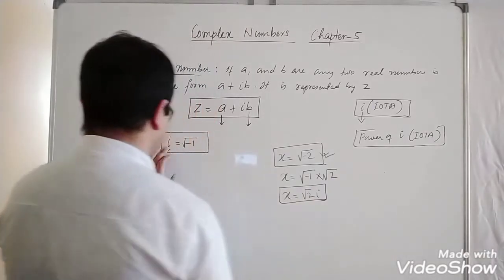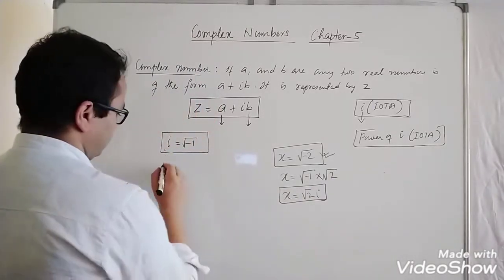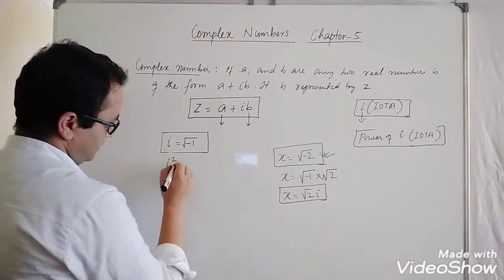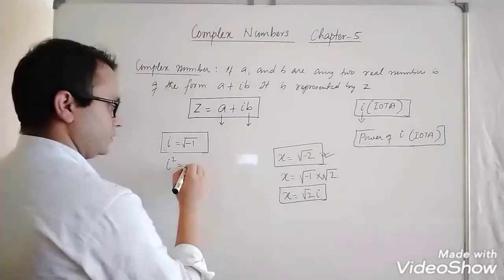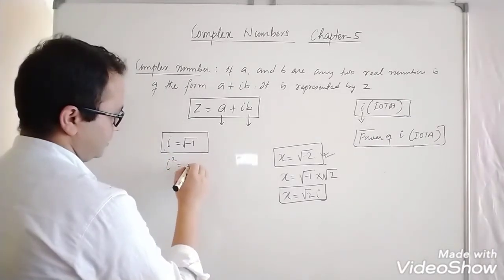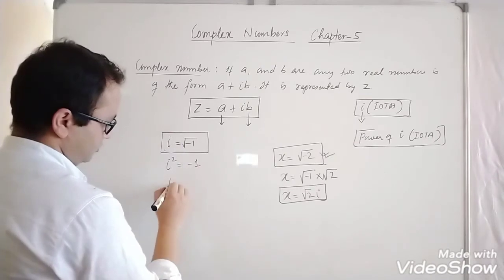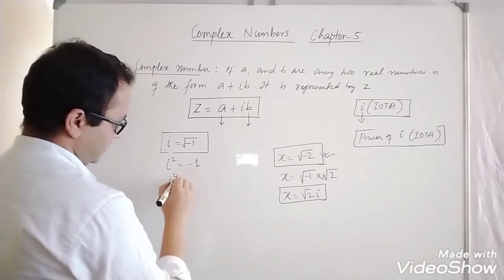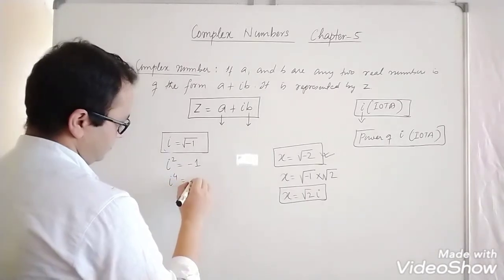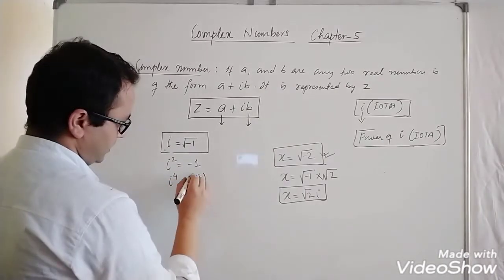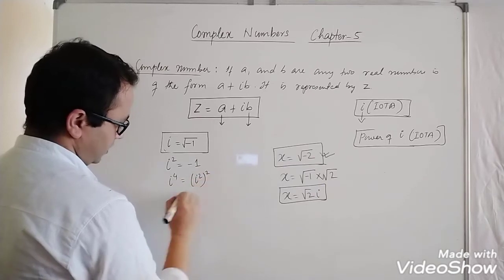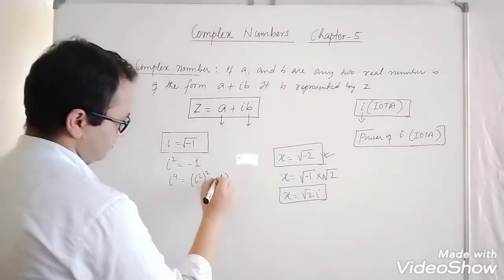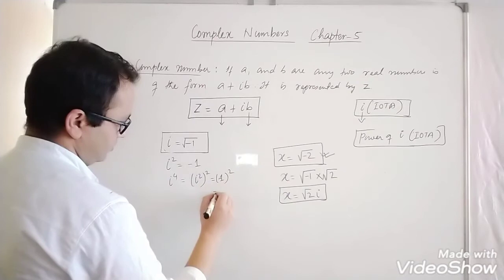So i equals root under minus 1. So i square is root under minus 1 whole square, which is minus 1. So i to the power 4 is i square whole square, which equals minus 1 square, equals 1.